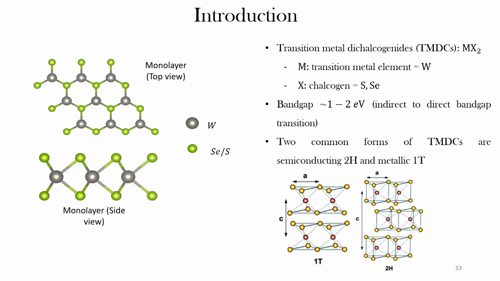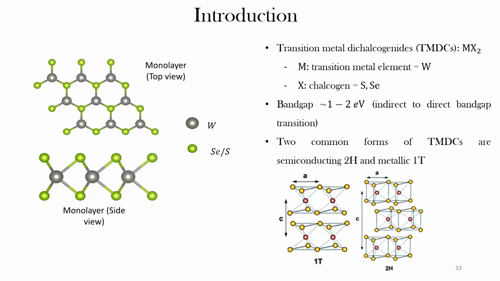But when we go from a single layer to multiple layers in a crystal, we have a van der Waals interaction. If you look at this figure on the right-hand side, if we are stacking 2 layers or 3 layers of these TMDCs, we have a van der Waals interaction, which makes it easier to exfoliate from bulk to single layer.